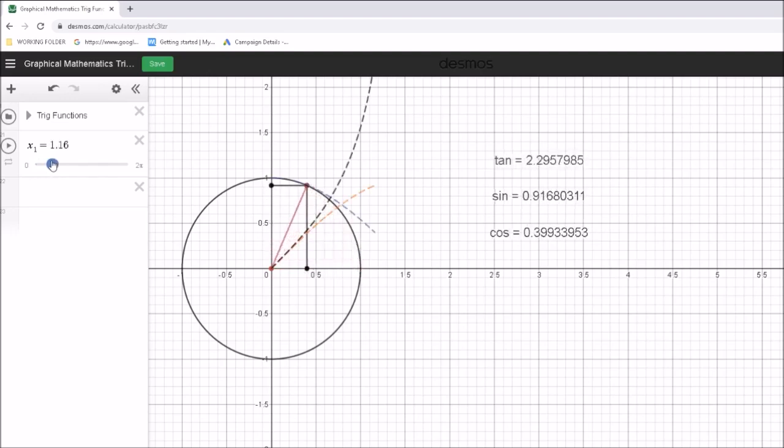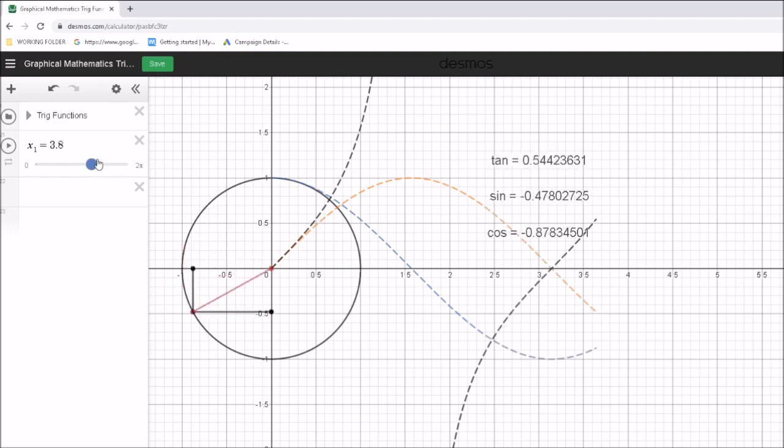So you can see all the values for sine, the cosine and the tangent there are changing, and we've got the tangent function heading off here in black, and you've got the cosine function in blue, and you've got the sine function in orange, and then you can see the little dot here rotating round about the circle in an anti-clockwise direction.